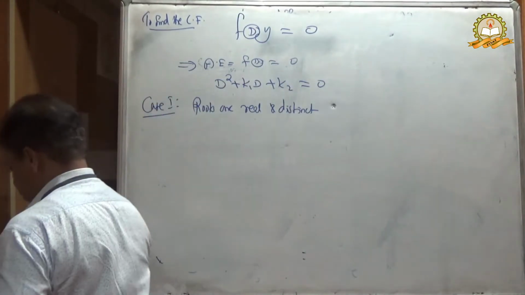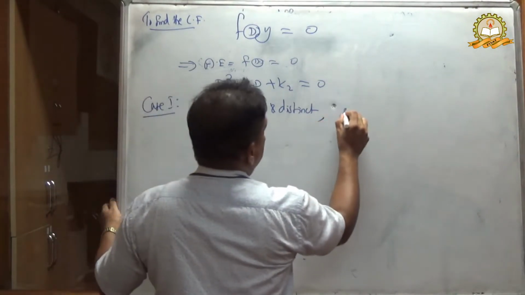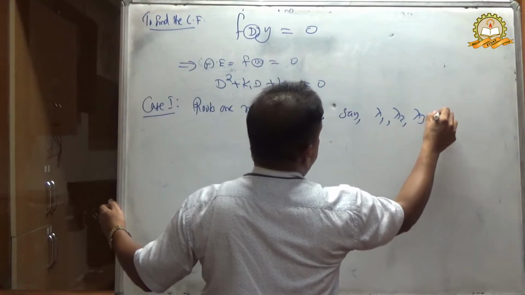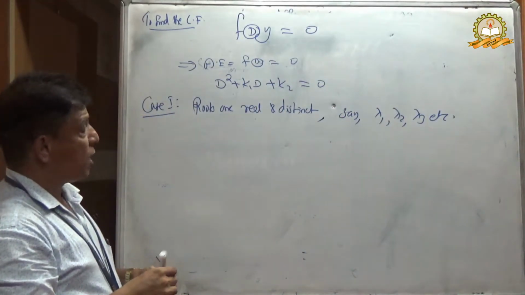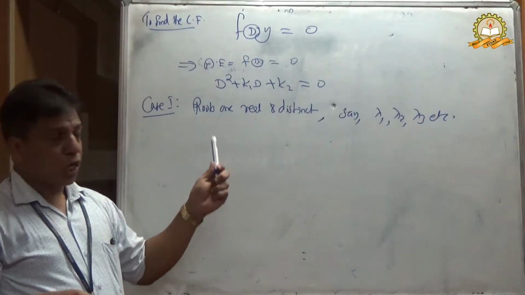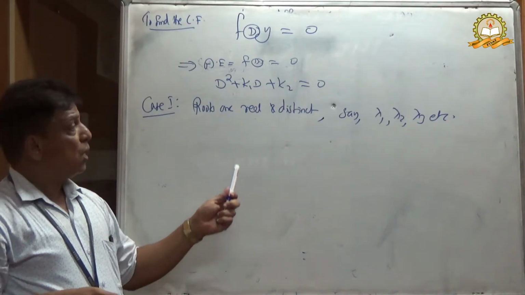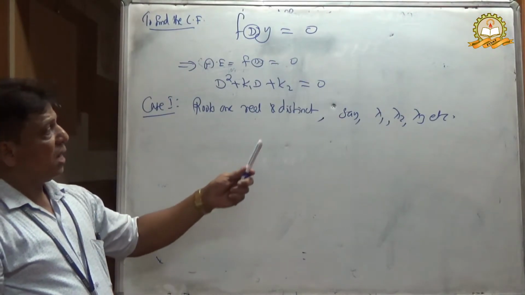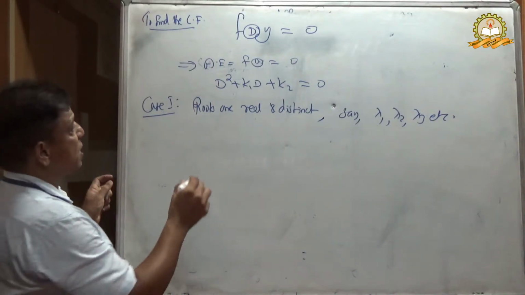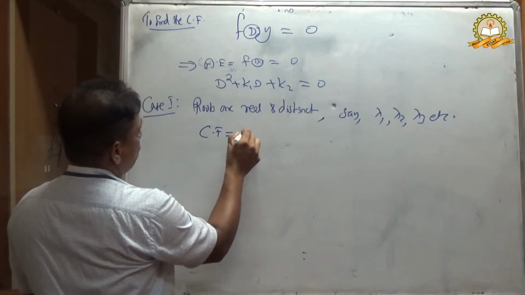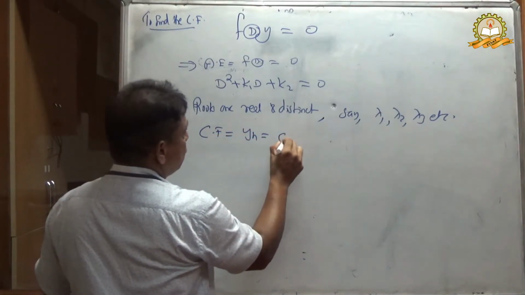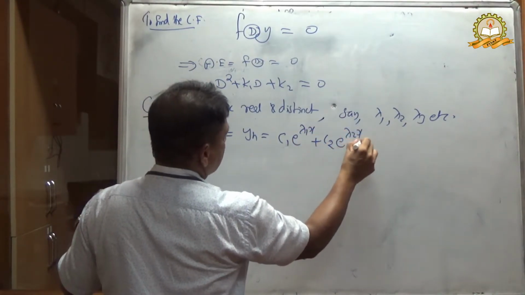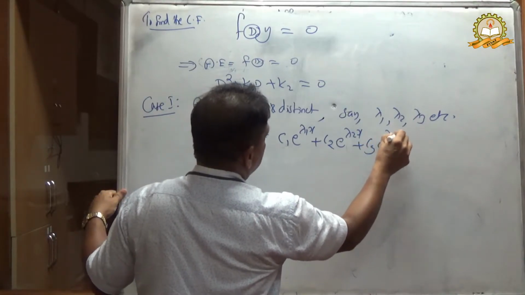Assume the roots are lambda 1, lambda 2, lambda 3, etc. When we solve the auxiliary equation f(D) = 0, we get roots that are real and distinct, say lambda 1, lambda 2, lambda 3. Then the complementary function is y_h = c1 e^(lambda1 x) + c2 e^(lambda2 x) + c3 e^(lambda3 x), etc.